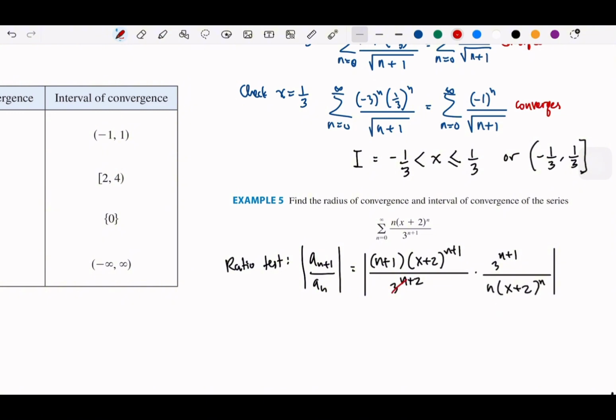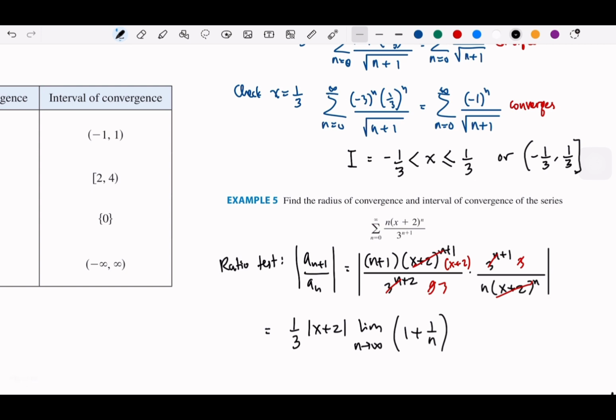We take this and that, this will be 9 and 3, and cancel 3, right? And this will be cancelled. This will be x plus 2. So we get 1/3 times x plus 2, and then we have the limit.